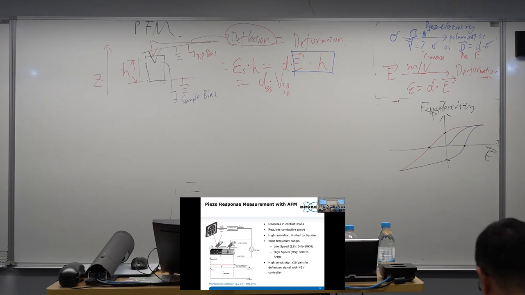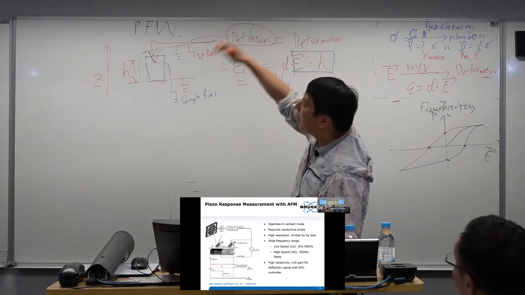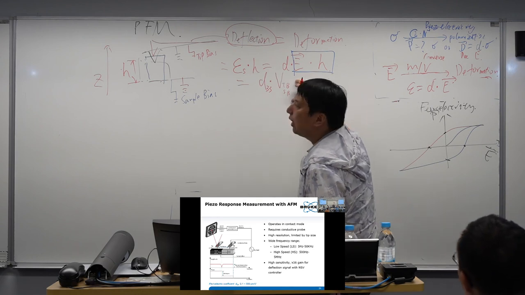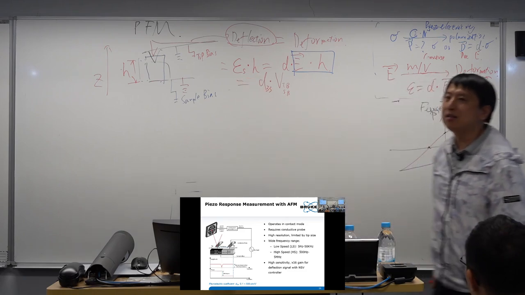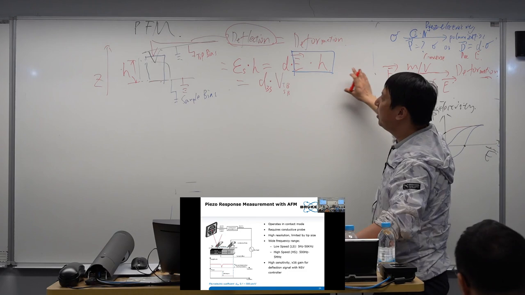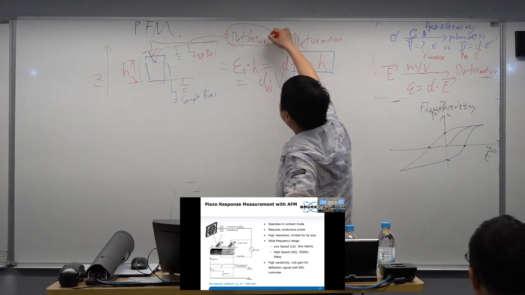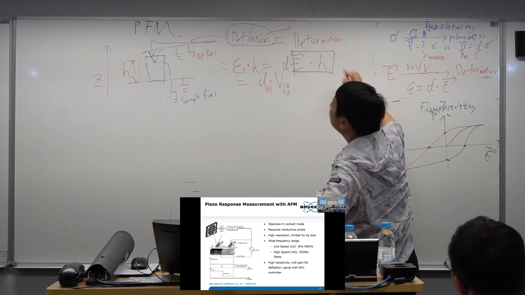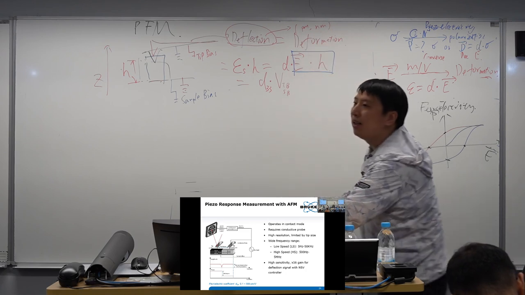Right? So that's the whole idea of the PFM. We let the probe park on the surface, we apply a voltage, we check the deflection of the tip. That's the PFM. Okay? So is there any problem with this setup? This deflection will be at the picometer or nanometer level. Right?